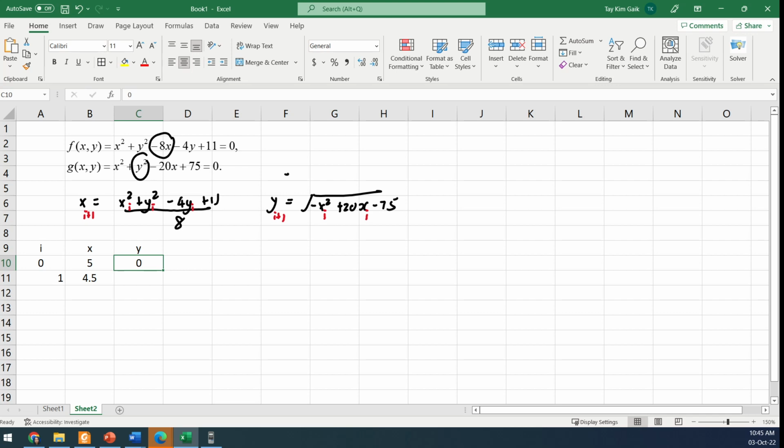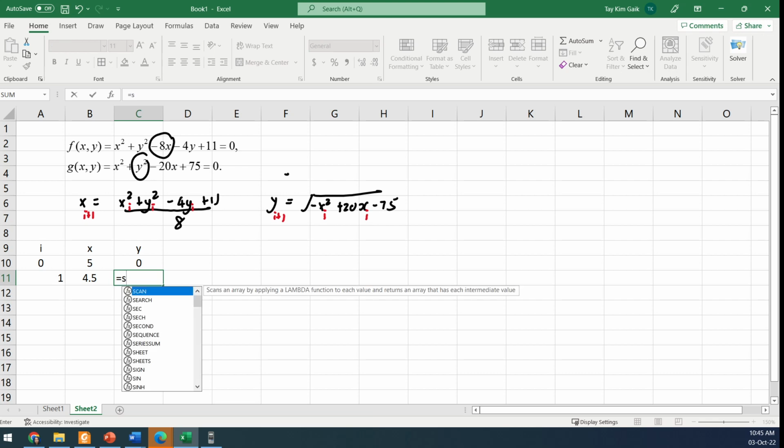Then using x naught, y depends on the x only. So y is equal to sqrt. For any function in Excel, make sure you open and close the bracket.